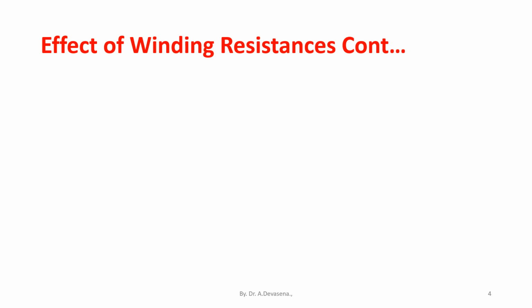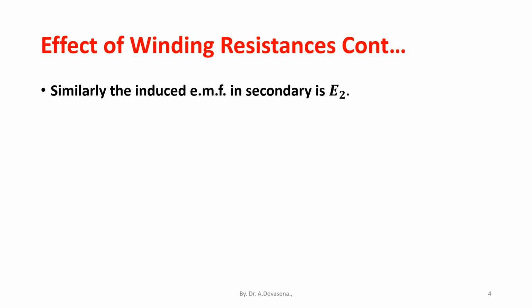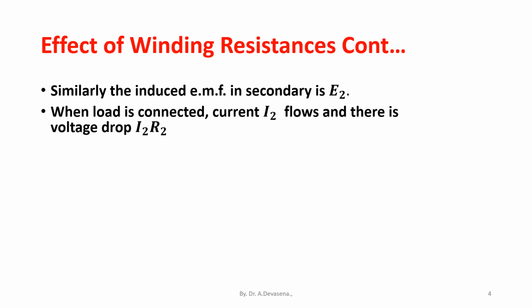Similarly, the induced EMF in the secondary is E2. When load is connected, current I2 flows. There is a voltage drop I2 R2. The EMF E2 has to supply this drop. The vector difference between E2 and I2 R2 is available to the load as the terminal voltage V2.